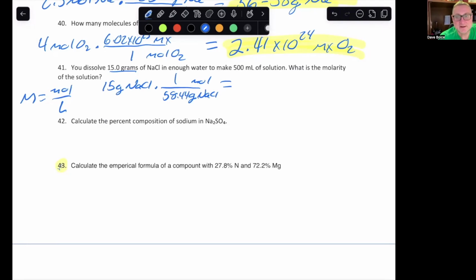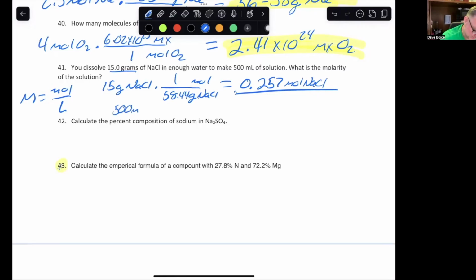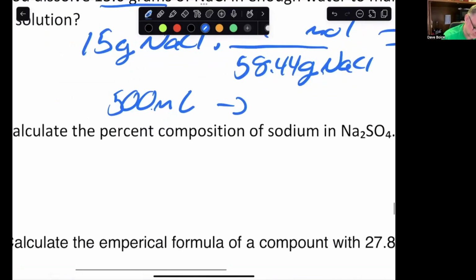And so that's going to be 0.257 moles of NaCl divided by liters, which I have 500 milliliters. And really, you can just move the decimal place over 3. You don't necessarily have to always put this in a calculator.